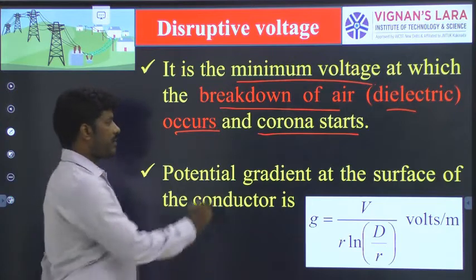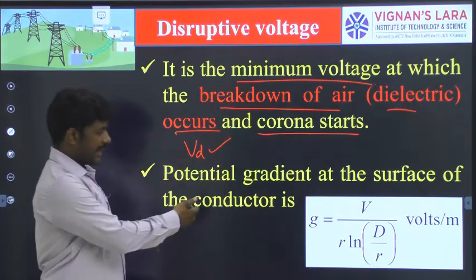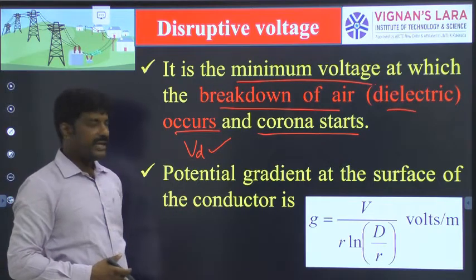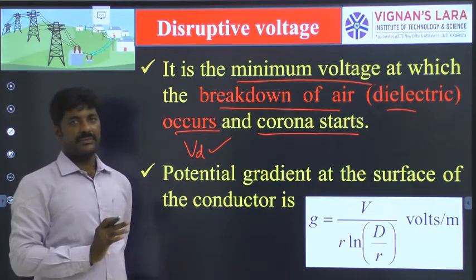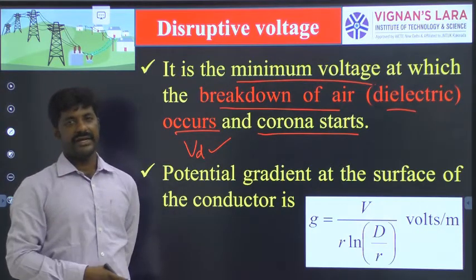Therefore, how to find this disruptive critical voltage VD is our next discussion. It depends upon the potential gradient available at the surface of the conductor.